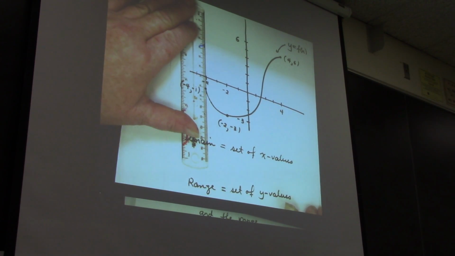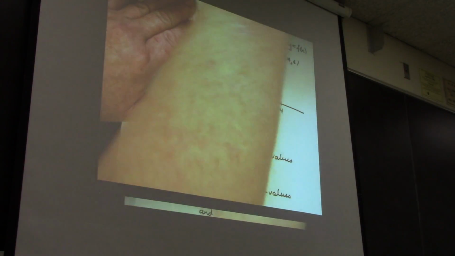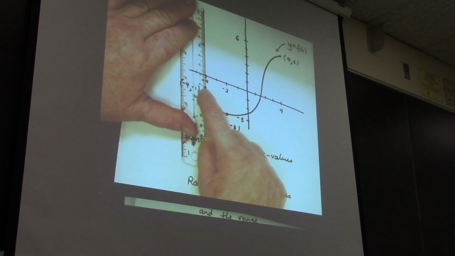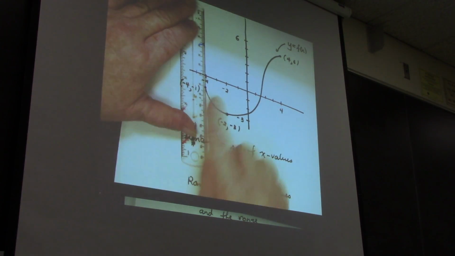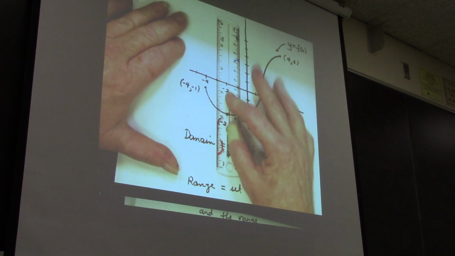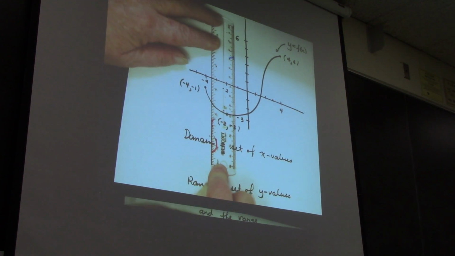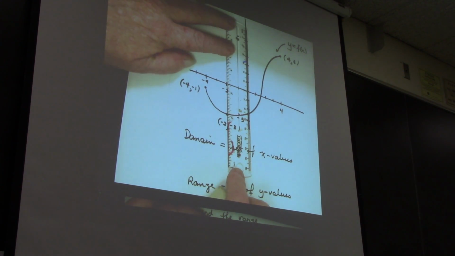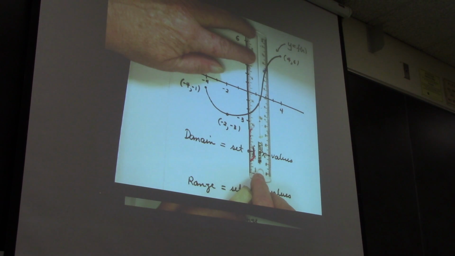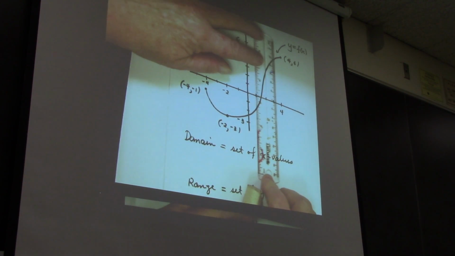What about x equals negative 4? Is it in the domain of the function? Yeah, when x equals negative 4, y is negative 1. There's a point on the graph corresponding to x equals negative 4. Is negative 3.5 in the domain? Yes. Is negative 2 in the domain? Yes. Is 0 in the domain? Yes, there's a y value corresponding to x equals 0.